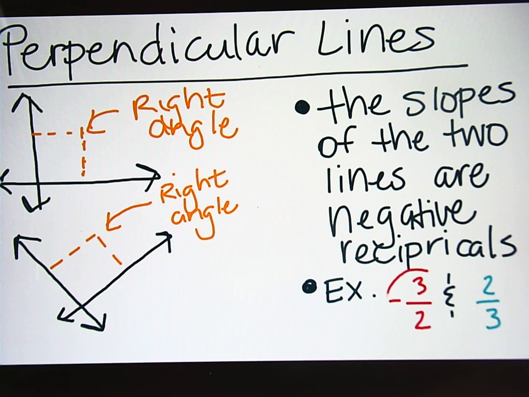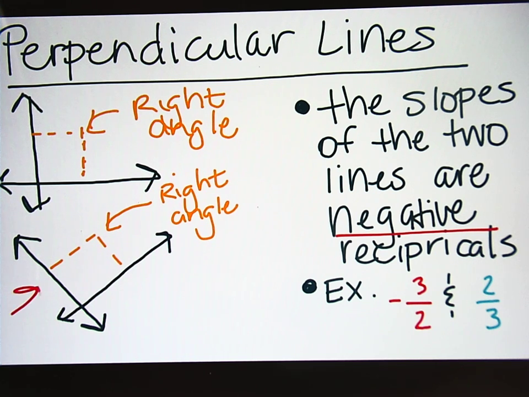That fraction, or the slope, was flipped. We found the reciprocal of that, which is 2/3. But because it's a negative reciprocal, it will be the opposite sign of negative 3/2, which is positive 2/3. So let me say that once again.